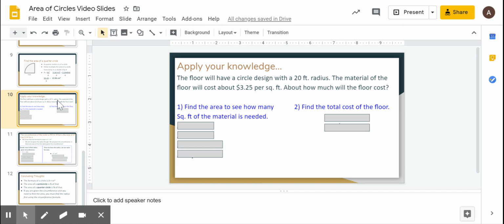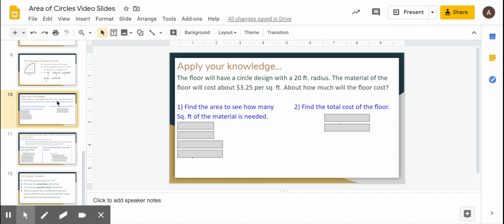All right, in this question, we're going to apply what we know. The floor will have a circle design with a 20-foot radius. The material of the floor will cost about $3.25 per square foot. About how much will the floor cost? First we have to figure out how much area is being used, and then the total cost of the floor.